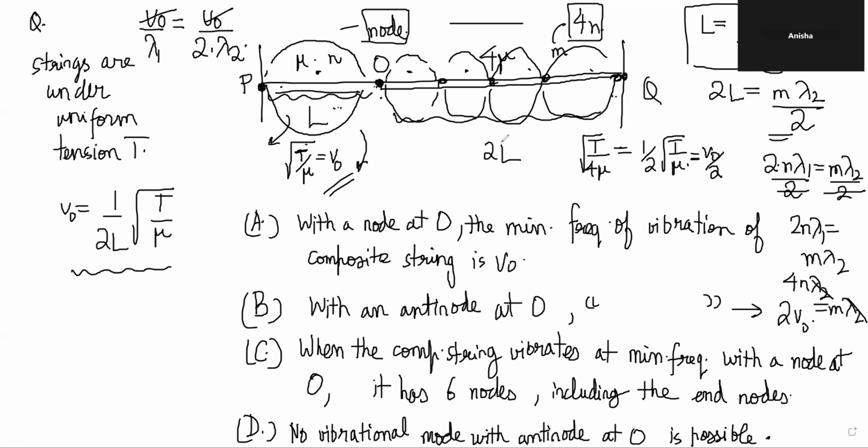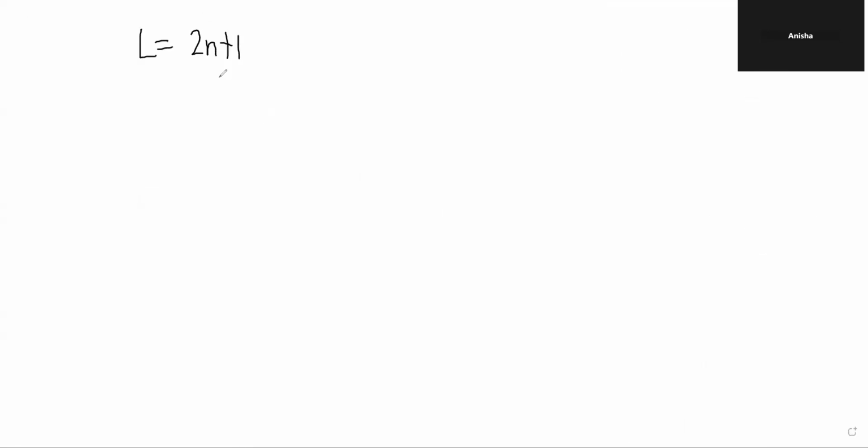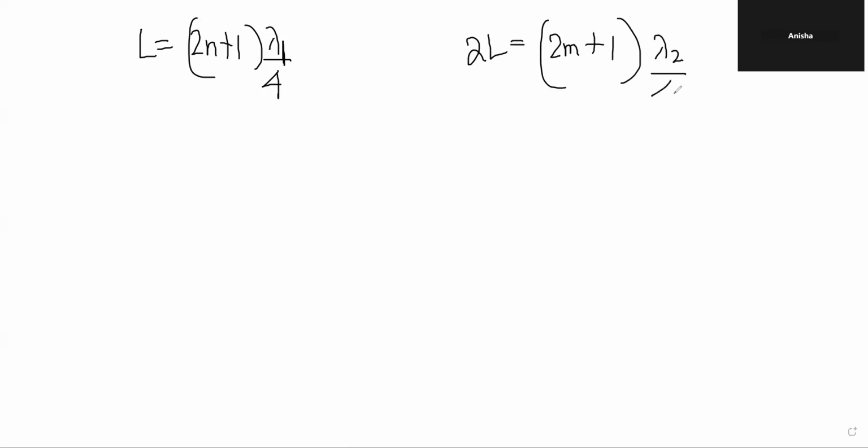And now we'll do option D, where we'll do similar things, but with the condition that it is an antinode here. So the condition for antinode is what? L should be 2n plus 1 lambda by 4. So lambda 1 by 4, and 2L should be 2m plus 1 lambda 2 by 4.